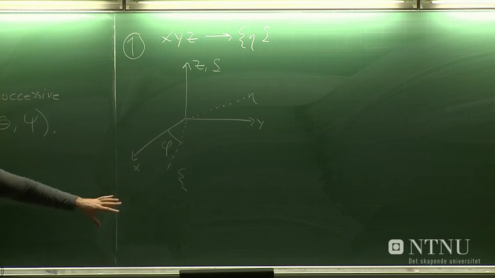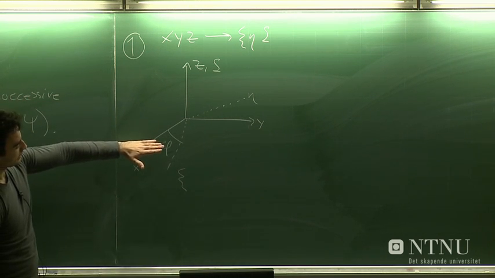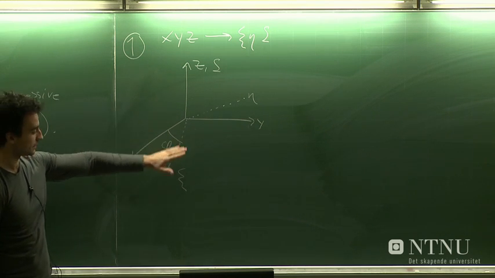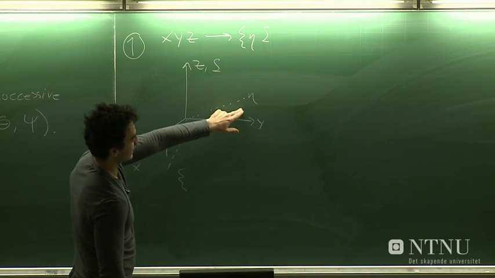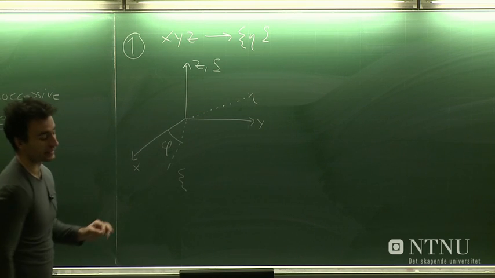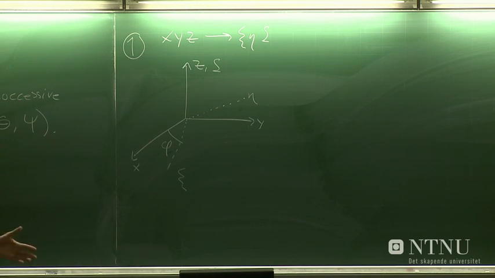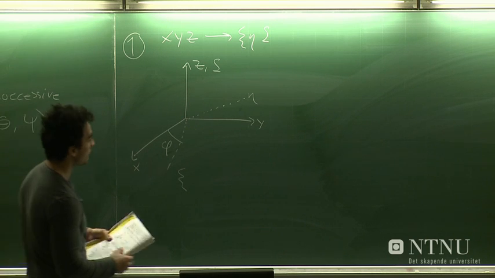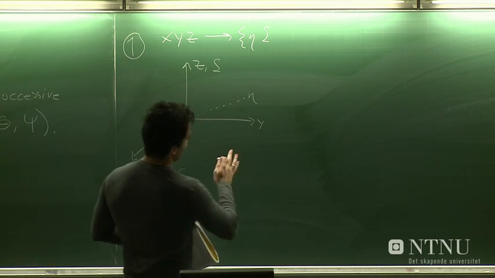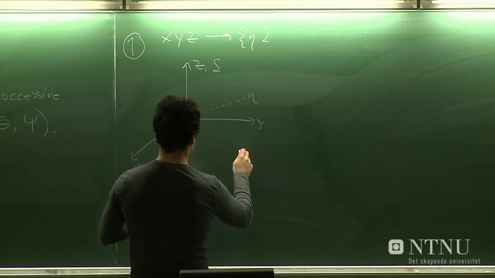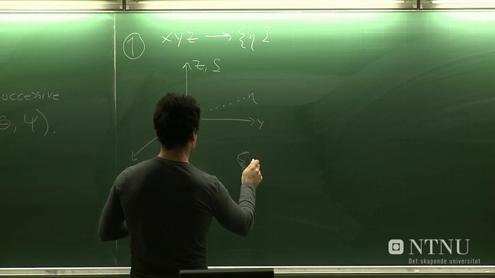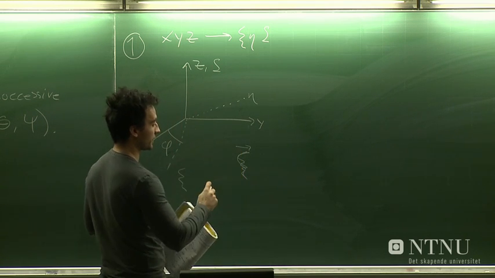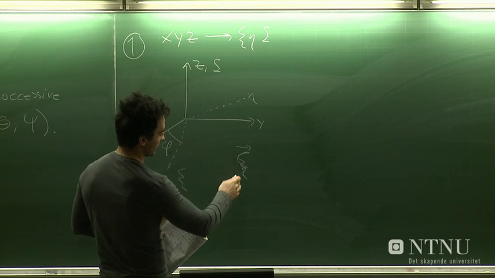So here's the first step. We're rotating the system around the z-axis with an angle phi, so that these are the xi and eta axis. And so we see that the z and the zeta axis coincide. So according to this, we can write, let me just add a vector sign to underline that this is a vector.